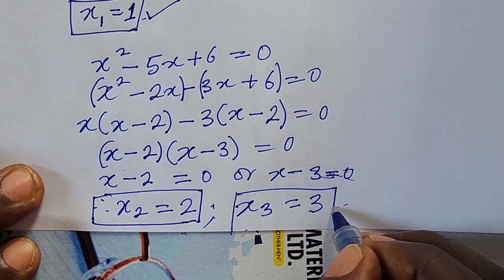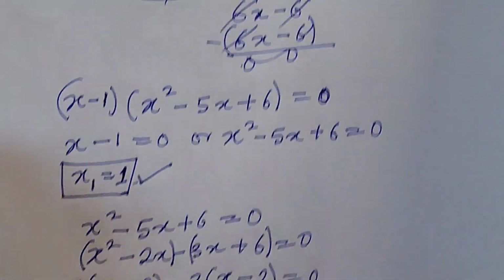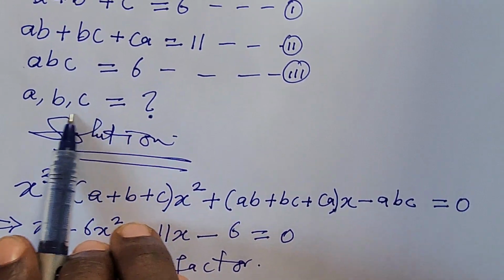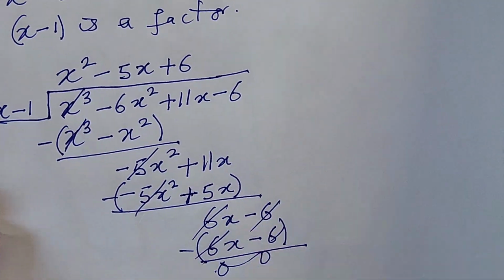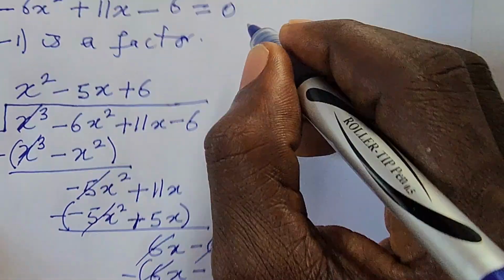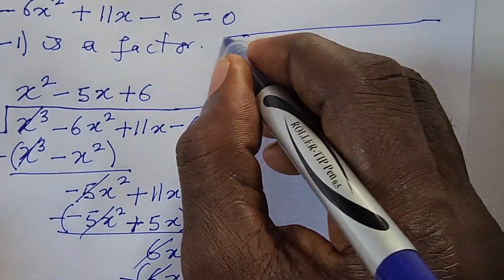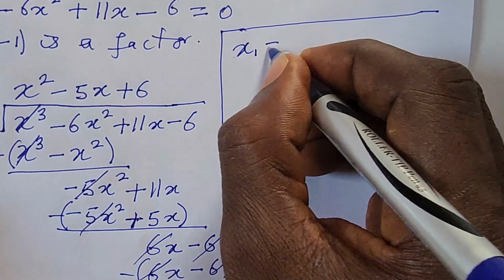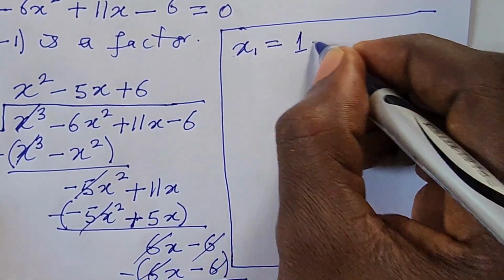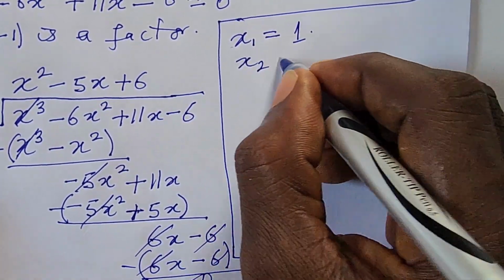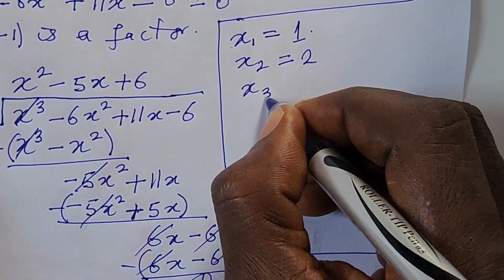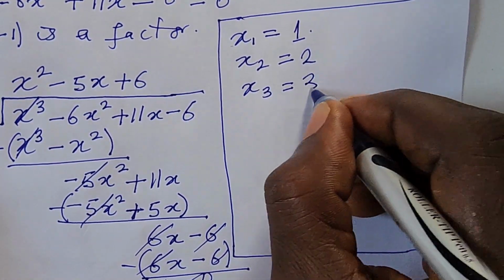All right. So in all, what is the value of A, B, and C as we are asked in this question? It is very easy. So let's continue here and see what this gives us. We now have x1 is equal to 1, x2 is equal to 2, and x3 is equal to 3.